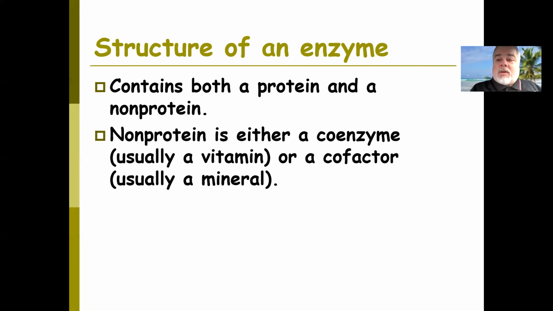What is hemoglobin? A massive protein. And it moves oxygen around. It moves carbon dioxide around. It wouldn't function at all without the iron, the mineral in the center of the hemoglobin. It is the iron that gives it its final shape and function. And that is true of all things enzyme.